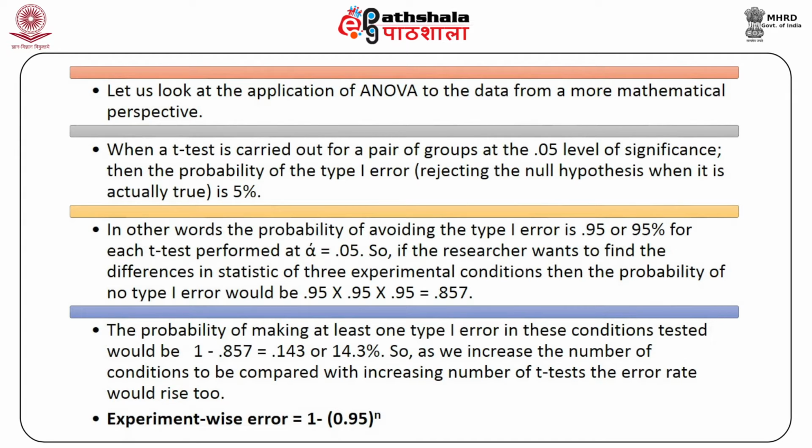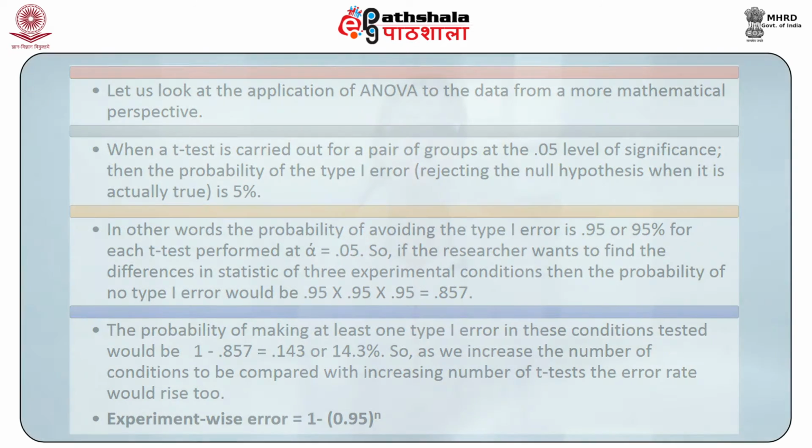This error rate across statistical tests conducted on the same experimental data is called experiment-wise error rate. If the number of experimental conditions keep increasing, then the number of t-tests required would increase as well, consequently increasing the experiment-wise error.